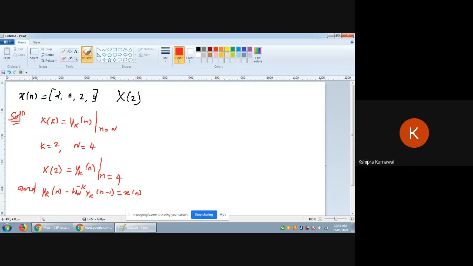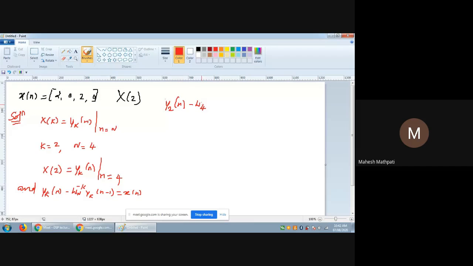No, sir. Now, let us substitute the values what we have noted. So what is the value we have noted is Yk of, so we will write the value Yk, k value is 2, Y2 of n minus W4 to the power, sorry, N we are to write it as 4.